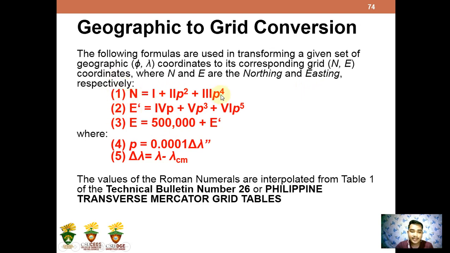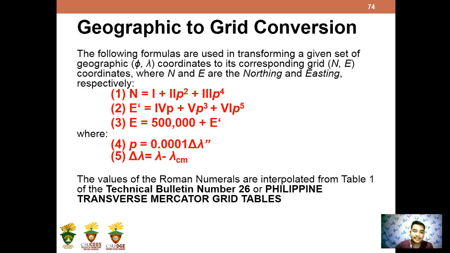So the formula is kani, northings is equal to Roman numeral 1 plus Roman numeral 2p squared plus Roman numeral 3p to the fourth, and we have E prime. E prime is equal to Roman numeral 4p plus Roman numeral 5p cubed plus Roman numeral 6p to the 5.